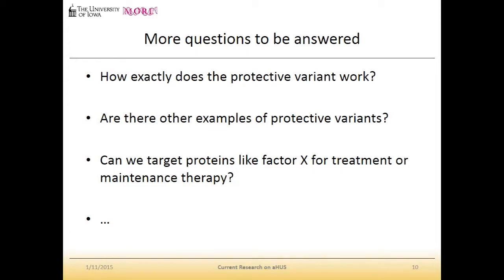So there are more questions to be answered. We want to know how exactly the protective variant works. We do have a hypothesis. Because the mother and the grandmother carry only one copy of the normal factor 10, they have only half the factor 10 compared to normal people.